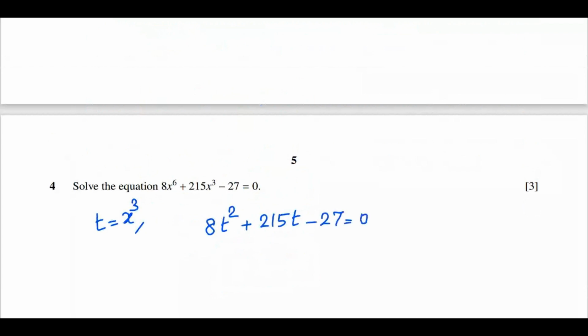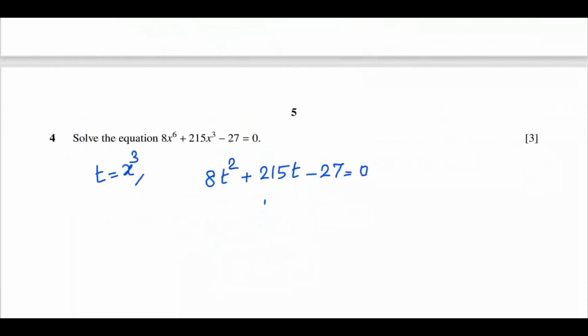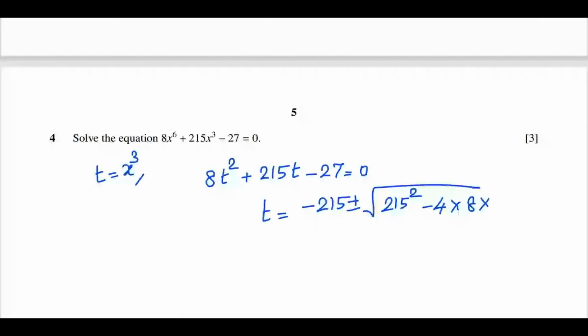So let us use the quadratic formula to solve this equation. So t is equal to minus 215 plus or minus square root of 215 square minus 4 multiplied by 8 multiplied by negative 27, the whole thing divided by 2 multiplied by 8.